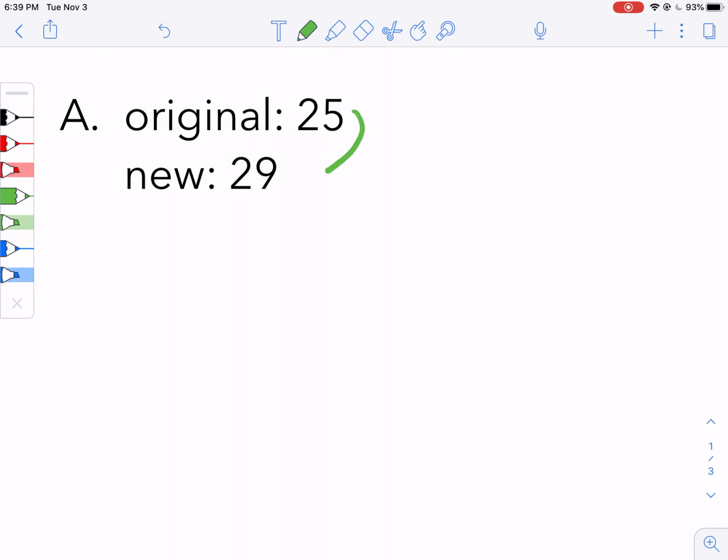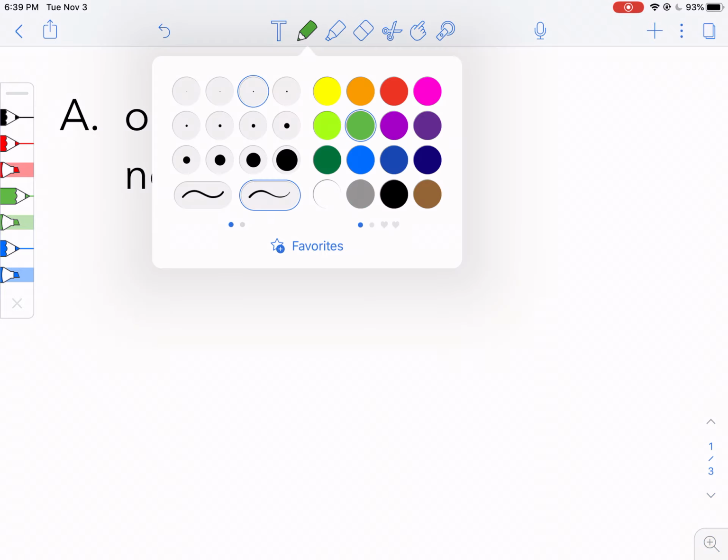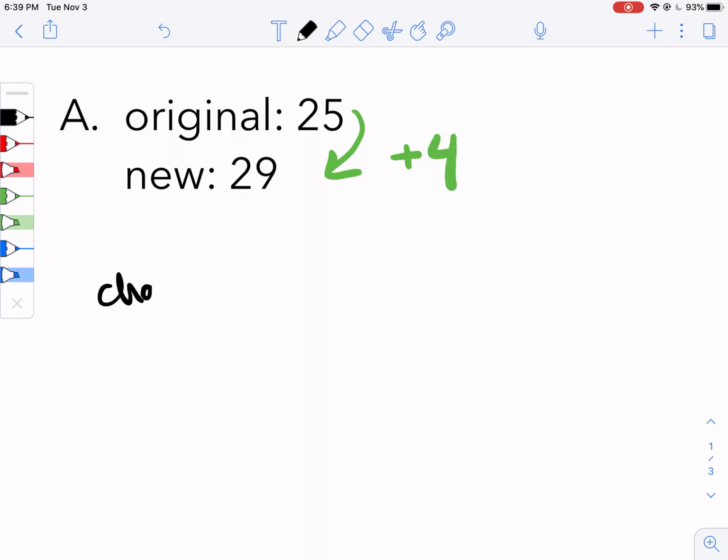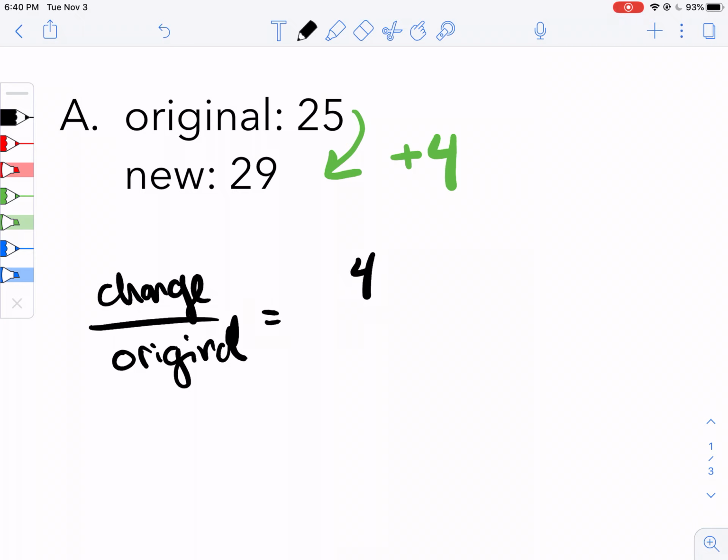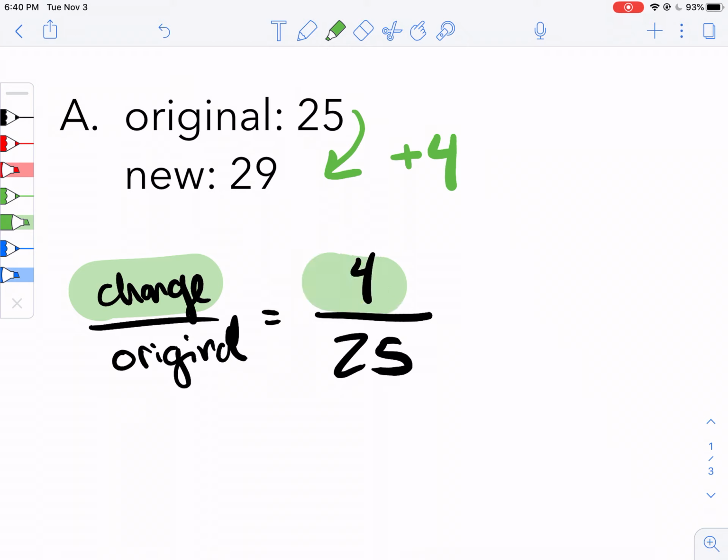So we know we're increasing. We go from 25 to 29. That's an increase of 4. It went up 4. So that means our change over our original is going to be 4 over 25, because it changed by going up 4 and our original was 25.